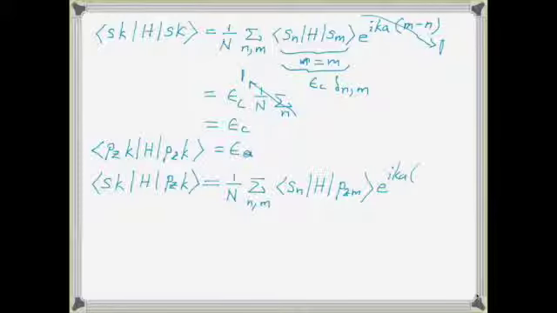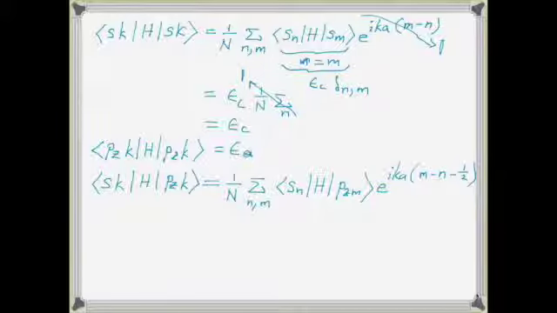Ka m minus n minus a half, because we had that extra factor of a half a for our cation.